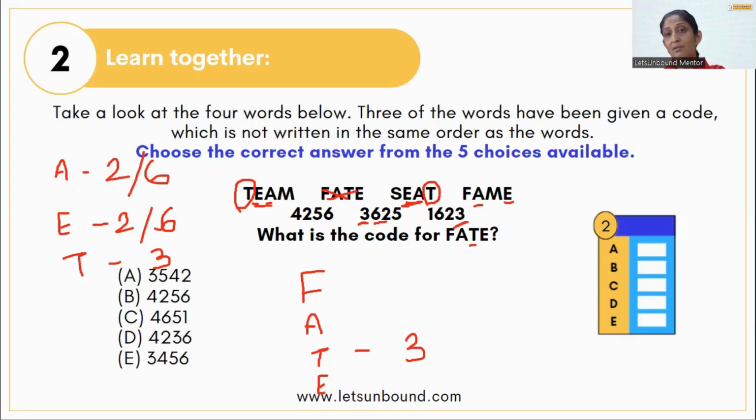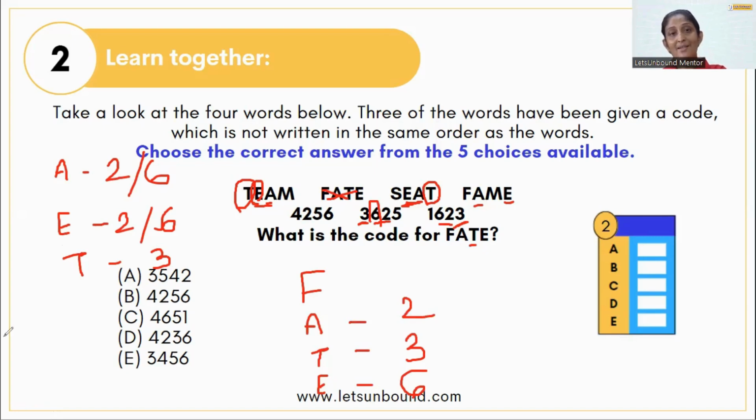Because here 6 and 2 and 6 and 2 are properly arranged. Right? They are same in 3625 also and 1623 also. So we can easily identify now that this E is 6, and A is 2. So we write E as 6 and A as 2.